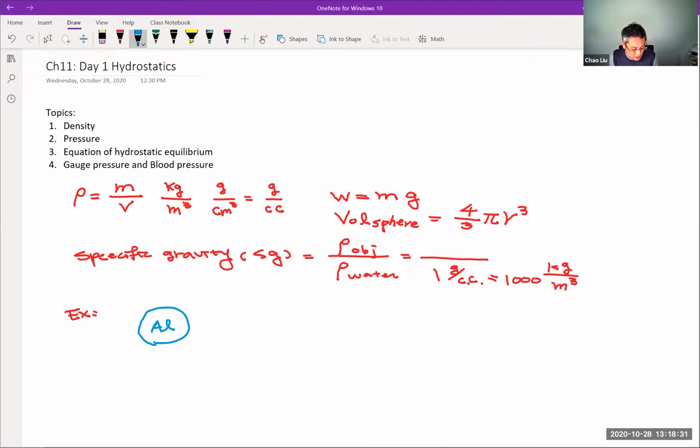And we're given this aluminum with a mass. So the mass of the aluminum is 24 kilograms. And we want to find out, if I have this amount, can you tell me what is the radius? What is the radius of this aluminum sphere? How can we calculate this?